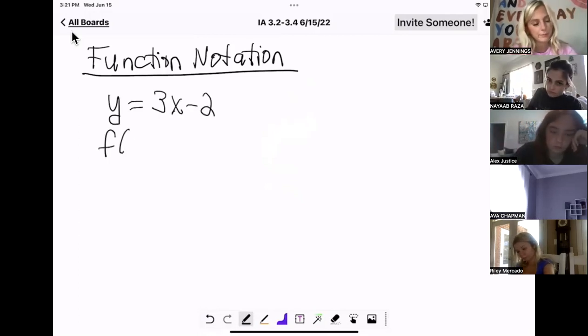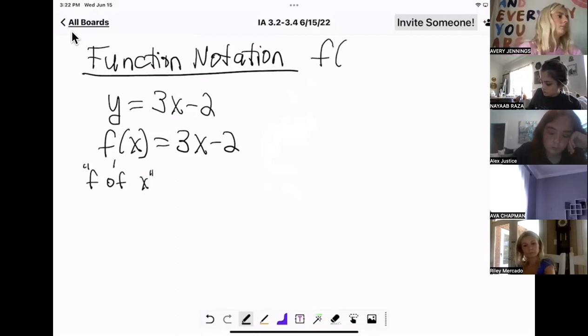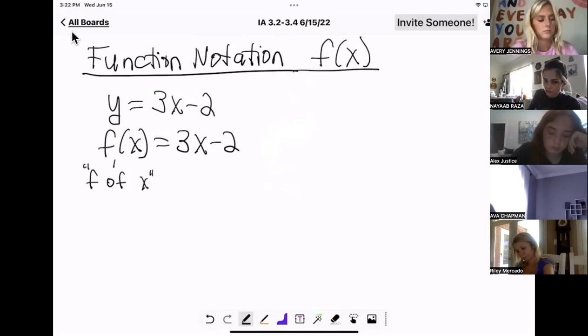If I change my y to f of x, that is my function notation. And this is said "f of x," that's how you say it. So wherever y is, I could use function notation.